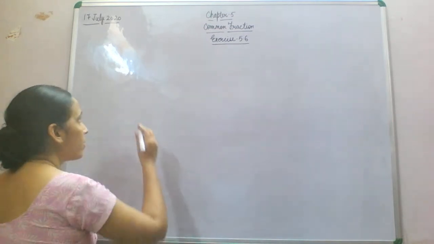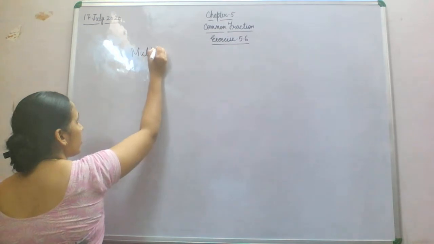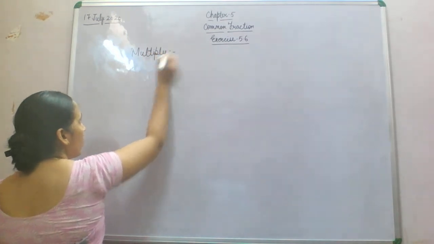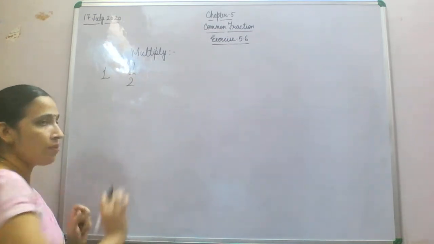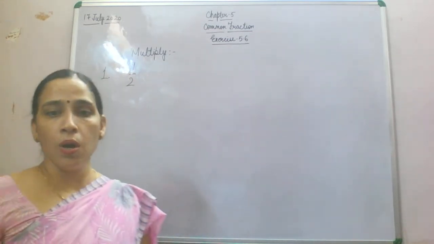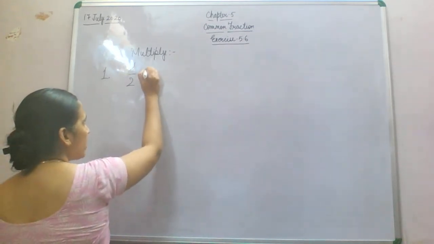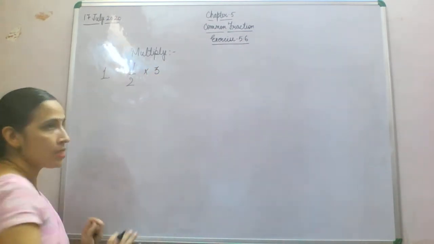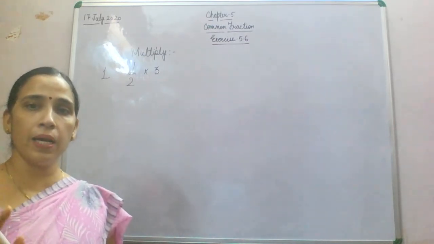Now here the first question is multiply, and in this question the first fraction is a unit fraction, 1 by 2, multiplied by 3.